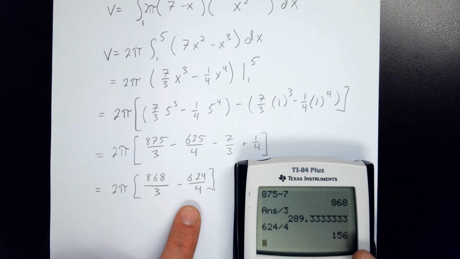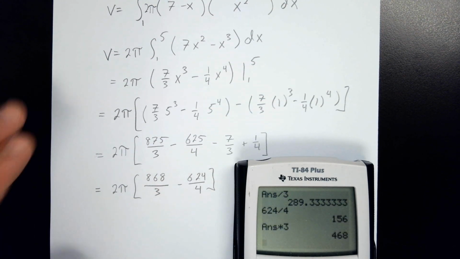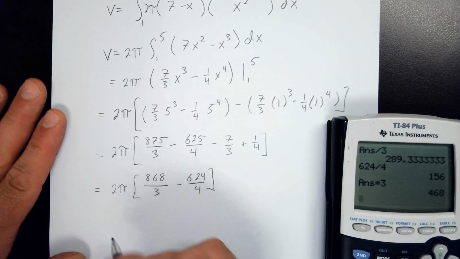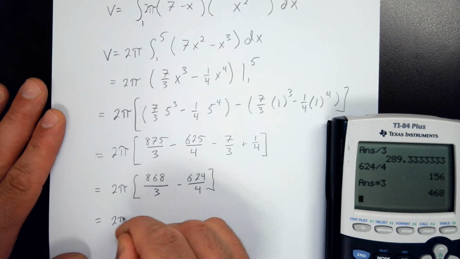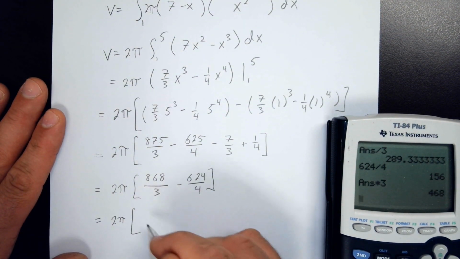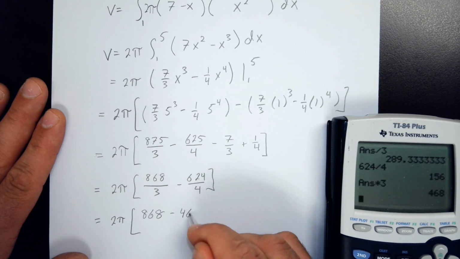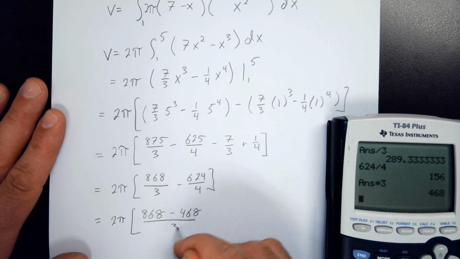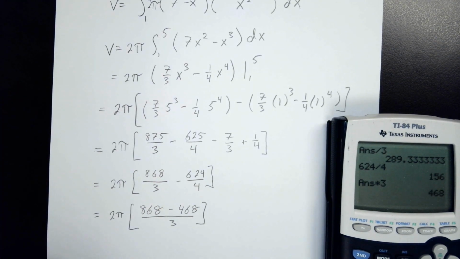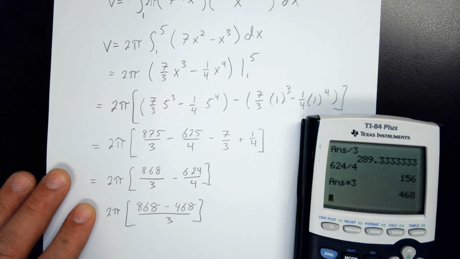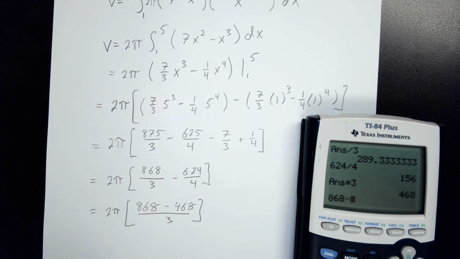So 156 is the same as this number. If I multiply it by 3, I get 468. So this would be 2 pi, and I'd have 868 minus 468 over 3. And let's see if I can figure out what this is. 868 minus 468.